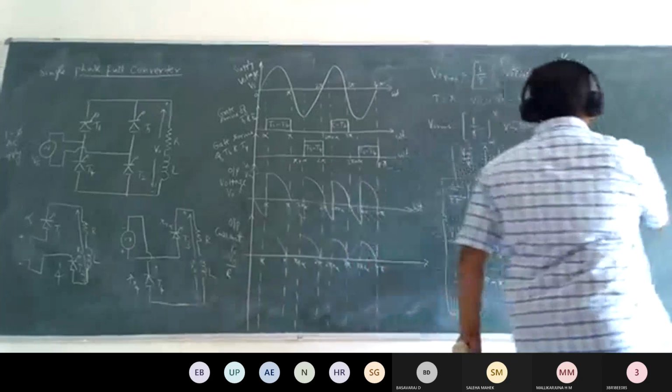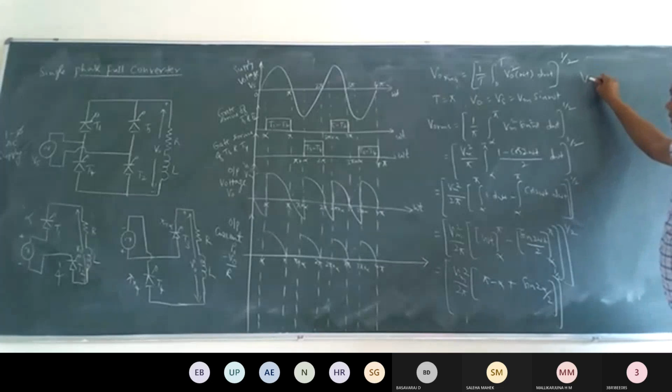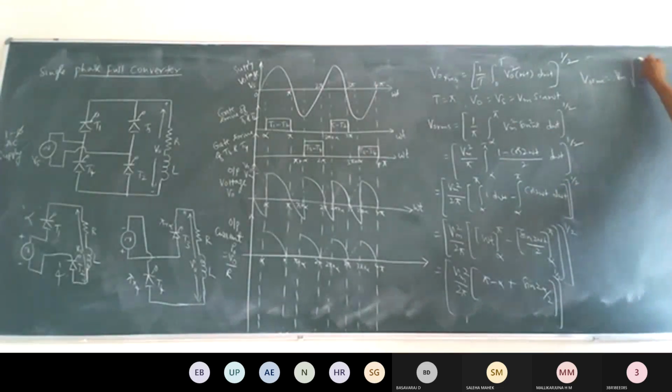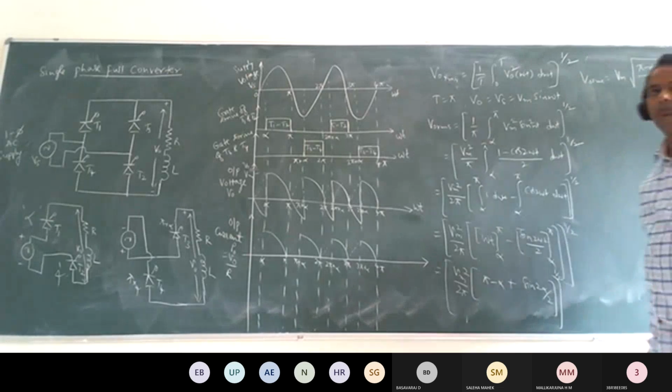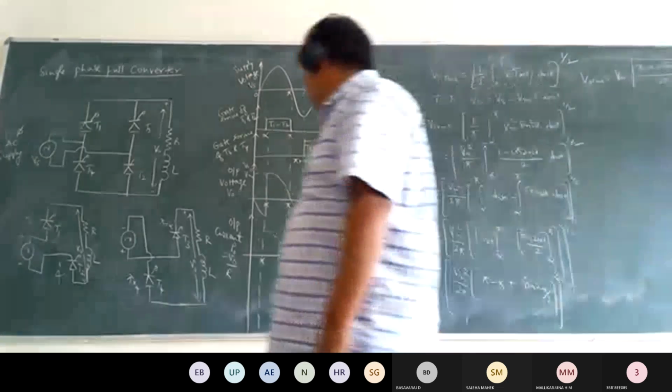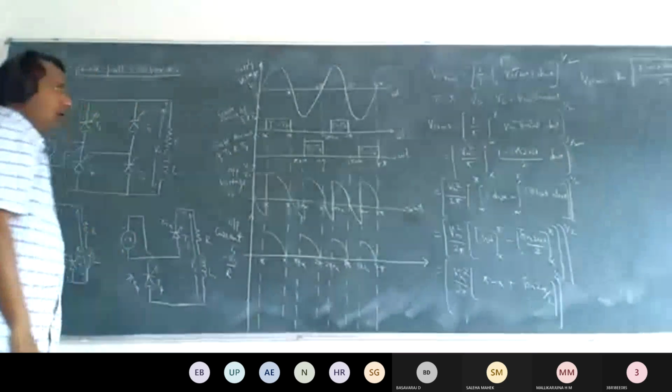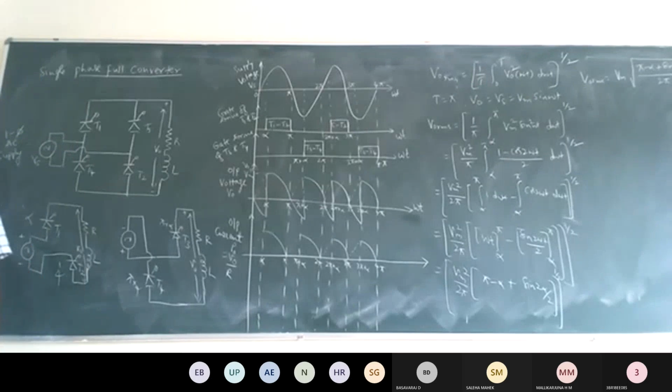Then the resultant thing is V naught RMS is equal to Vm under root of pi minus alpha plus sin 2 alpha by 2, whole divided by 2. That is the RMS value of the output voltage.